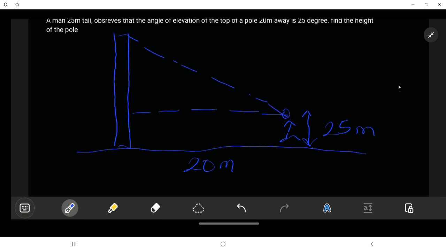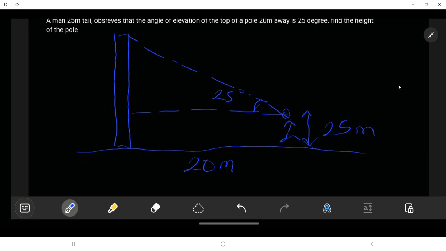So here's the angle of elevation where he decides to drift from his horizontal plane upwards. It says the angle of elevation is 25 degrees. So put 25 degrees here. Alright, and it says we should find the height of the pole.